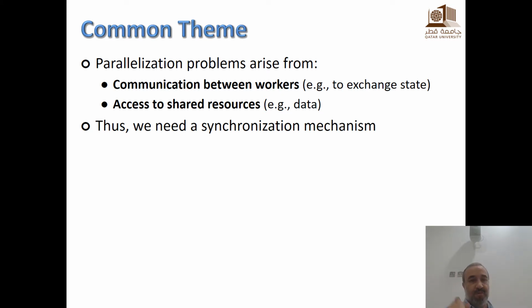There must be some communication between the workers, and because of the need in some applications to share resources, we have to synchronize between them. So we need a synchronization mechanism. That's the common theme around these problems.